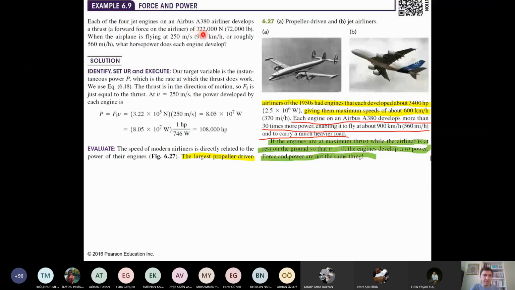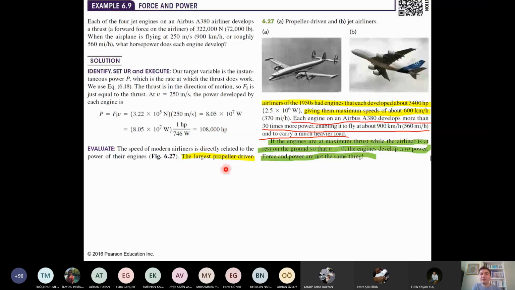Put it there, put the velocity here, then you can calculate the power in watts. Okay, and you can convert this watt to horsepower. Then here we have 108,000 horsepower from each engine. In total, more than 400,000 horsepower.